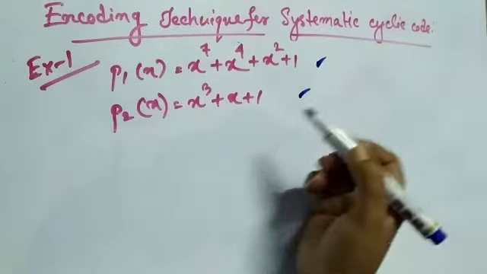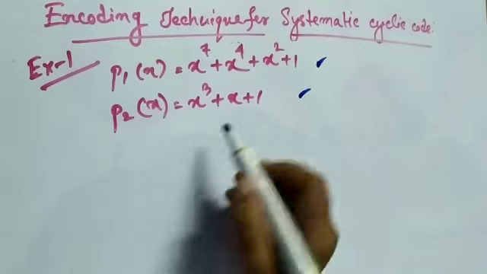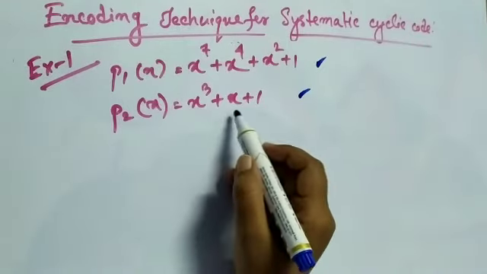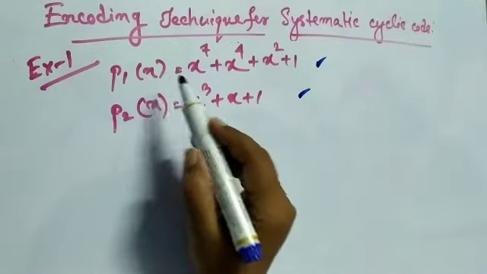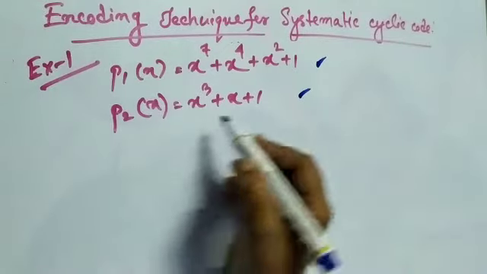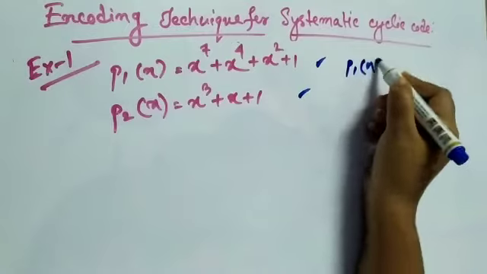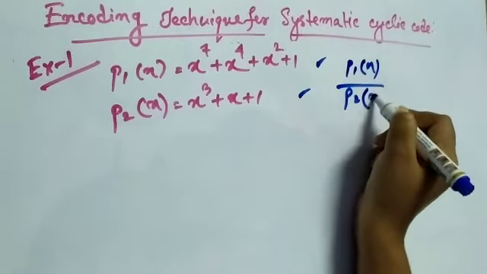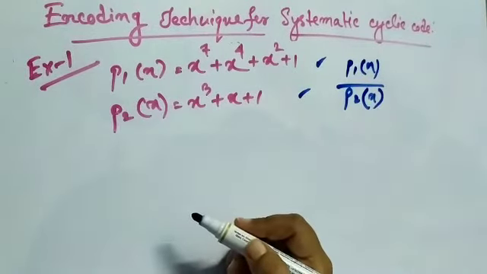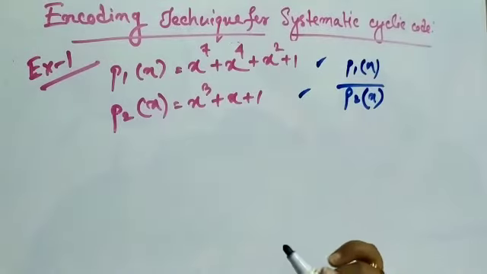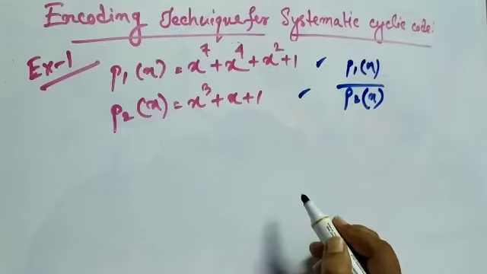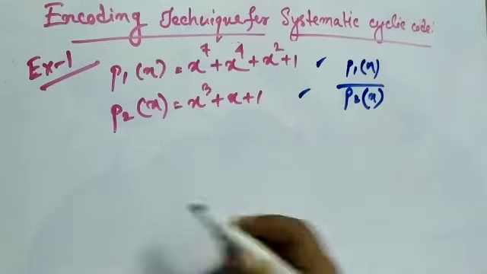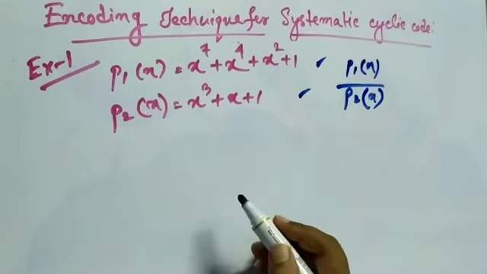And the second polynomial is p2x, x cube plus x plus 1. So divide p1x by p2x. How can we perform the division? I am calculating it here.